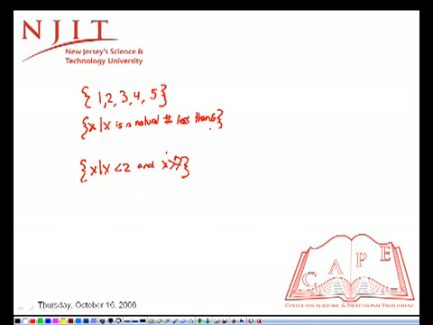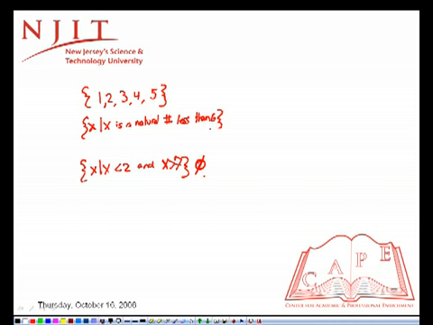We're asked to find an x value that exists in this x set, where x is less than 2 and x is greater than 7. Now there is no number that is less than 2 and greater than 7. Therefore, this set is known as an empty set. No number exists. This symbol here means an empty set. There is no solution to this answer.